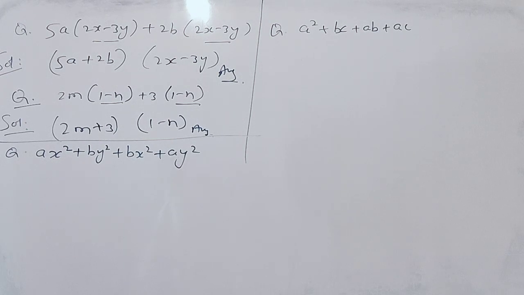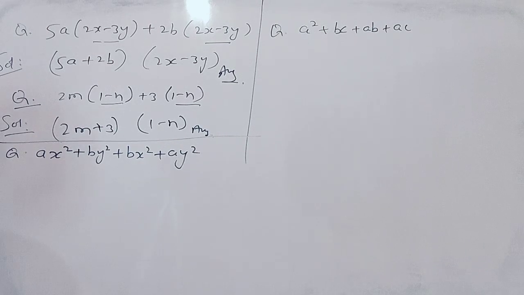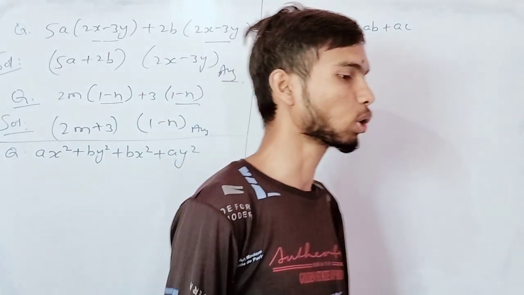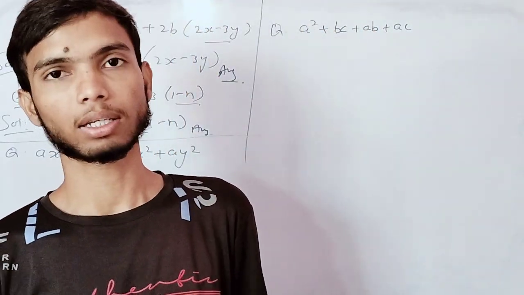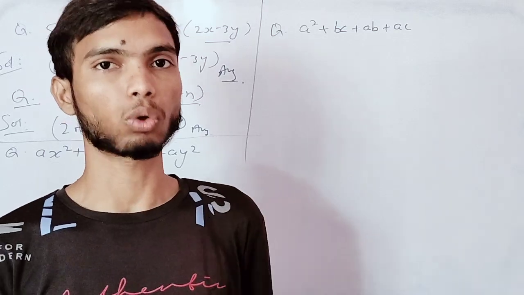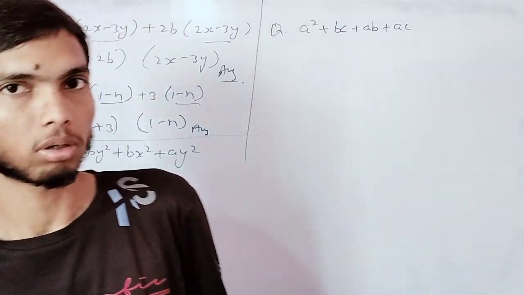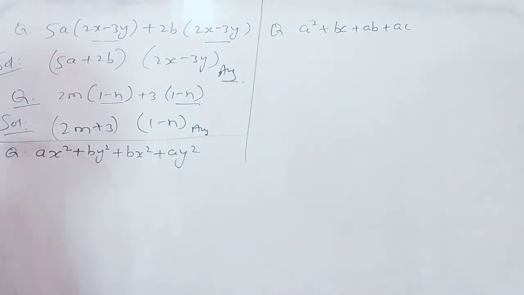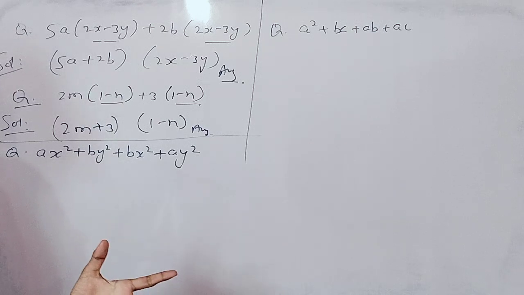But here you are observing that you have four terms in one question. Here you can do one thing: just regroup. Just make a group of a common. You have to factor using the grouping method.